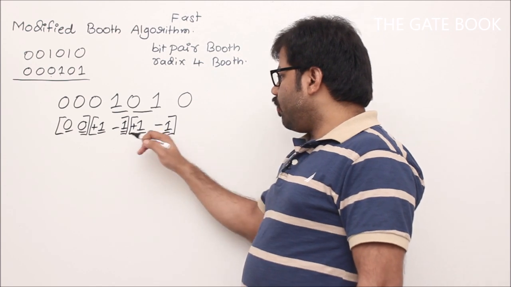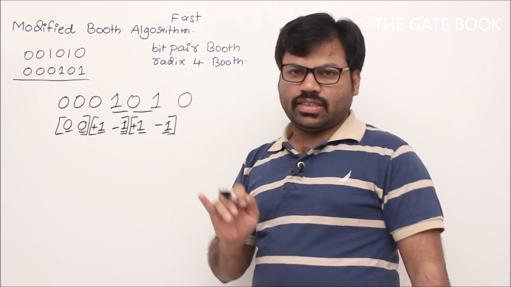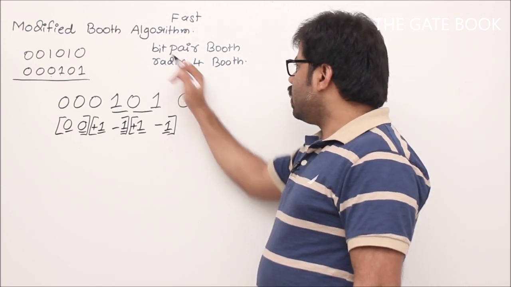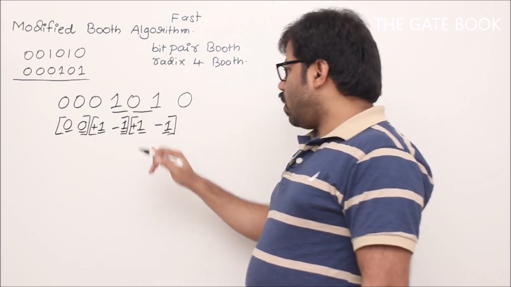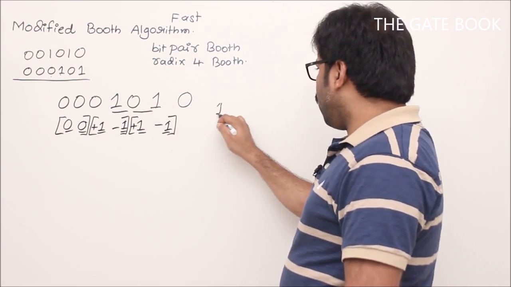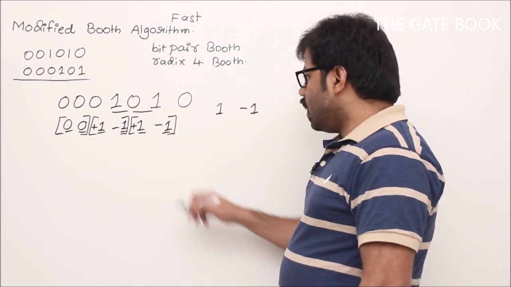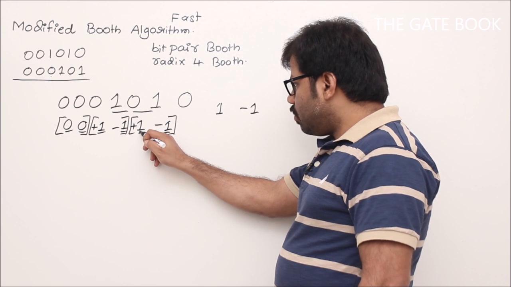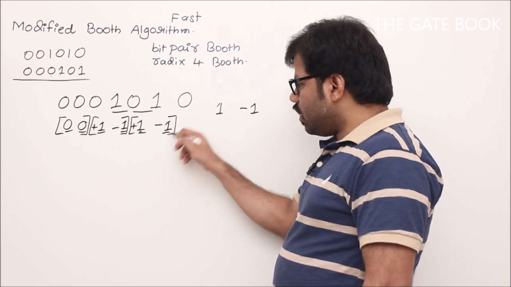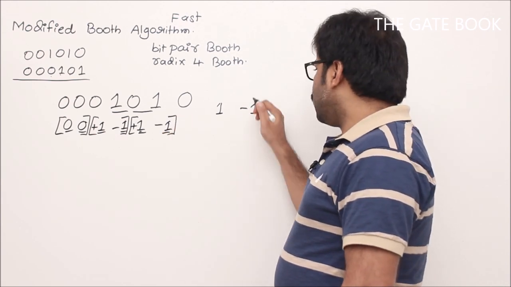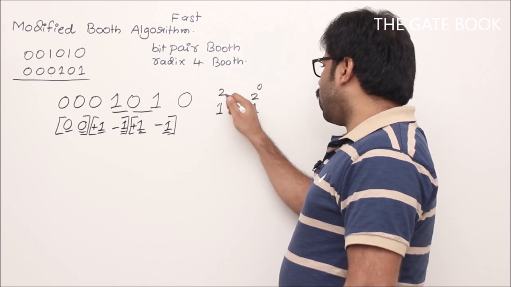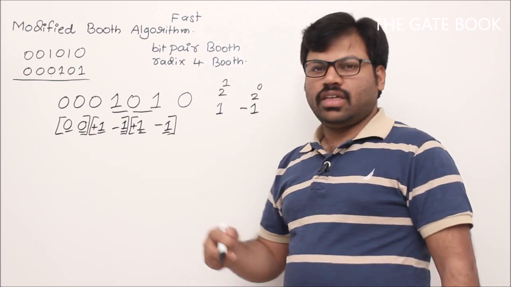Take every 2 digits and convert into 1 digit. That's why it is also known as the bit pair Booth algorithm. So how to convert, I will tell you. Take 1 comma minus 1. In our model, we are giving 2 times the weightage to this digit than to that one. So it is 2 to the power of 0 for this and 2 to the power of 1 for that, with respect to weightages, isn't it?